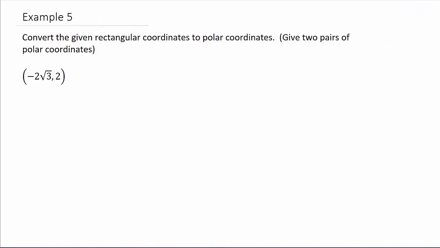Alright, so let's look at example 5. We want to convert from rectangular coordinates to polar coordinates. Alright, so we need r and we need theta, and we know that r is the square root of x squared plus y squared, and we're going to find the positive r.